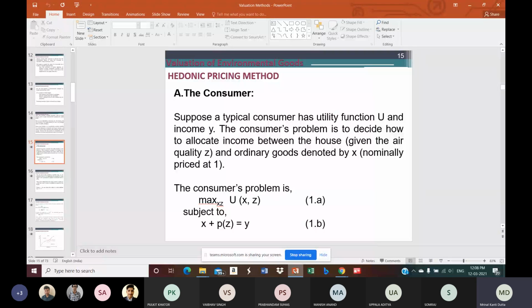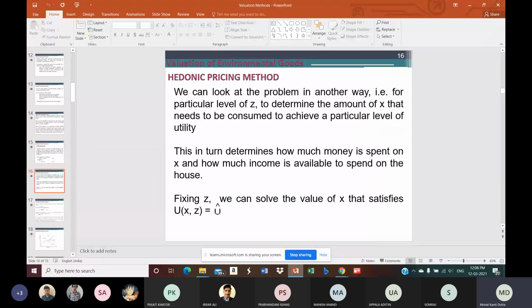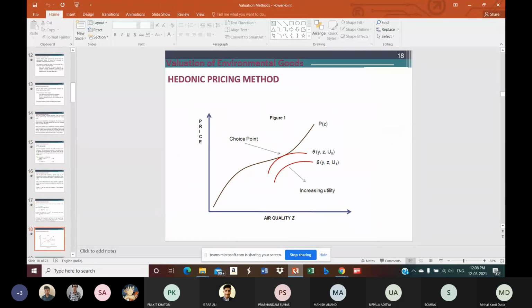In the case of the producer, it will be in the form of producing the same level of output at minimum cost. That is basically the approach. So we can find out the demand function and find out the choice point based on the utility function of the consumers, so how it goes.